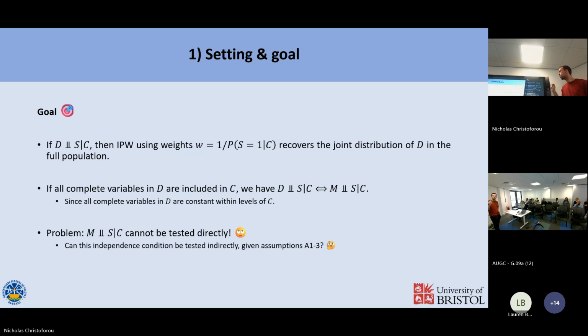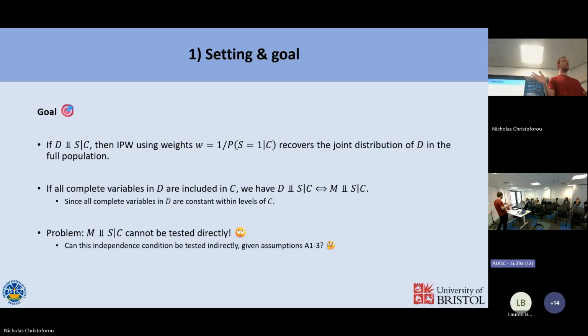And if D has some complete variables, then we can express that independence condition only with respect to the incomplete variables, because that's really the assumption you need. And of course, because M itself is incomplete, I cannot directly test whether this independence assumption holds.